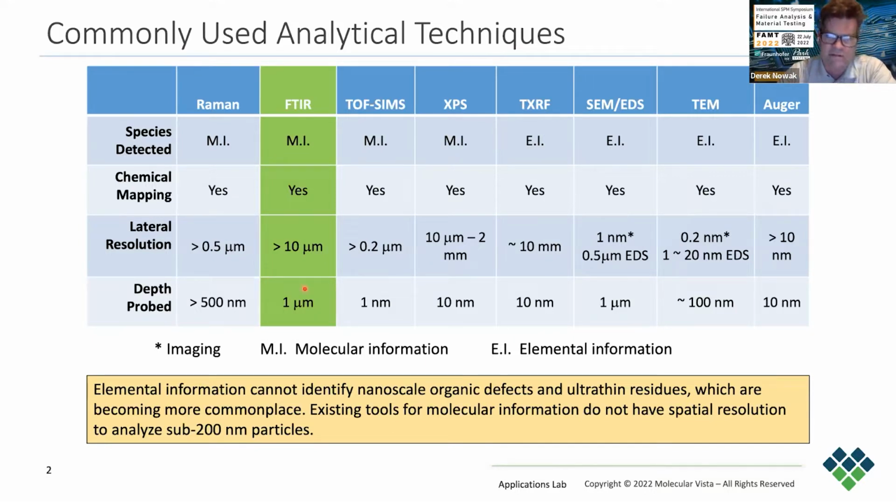But like I said, you're stuck in this realm where you're not getting great resolution. And so if we can combine this with the high resolution capabilities of SPM, then we can bridge that gap. And that's really what I want to present to you today, is how we do that with our technology.